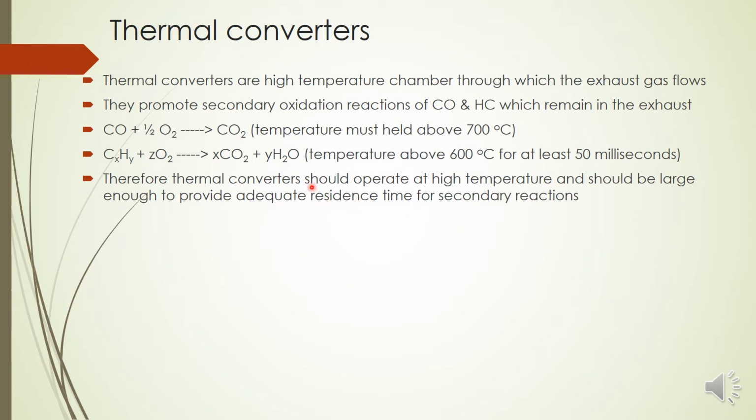Residence time is the time that the gas is present inside the chamber. Here you have to maintain the gas at this temperature for 50 milliseconds, so the residence time is at least 50 milliseconds. So the thermal converter will provide this high temperature for that much time.